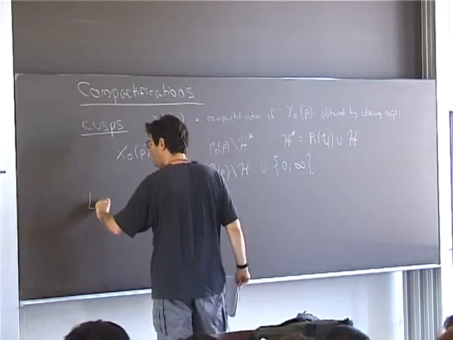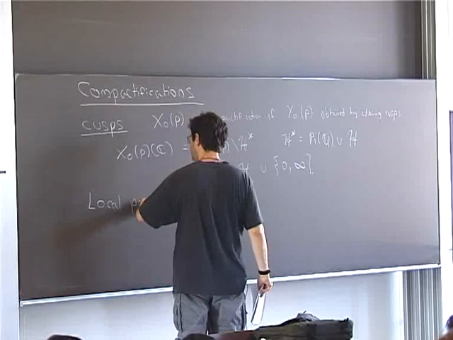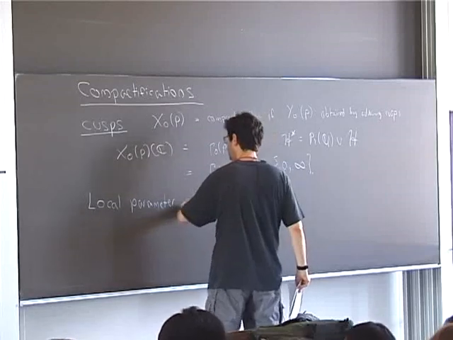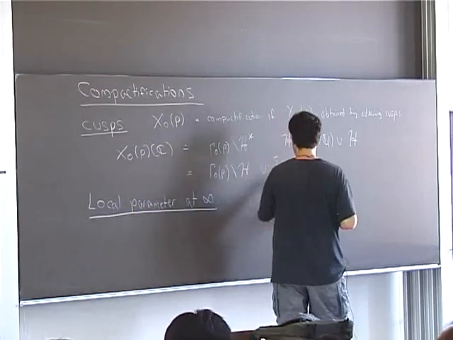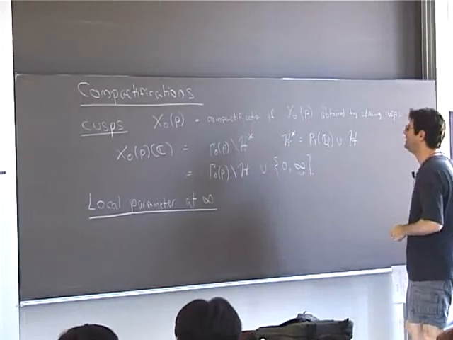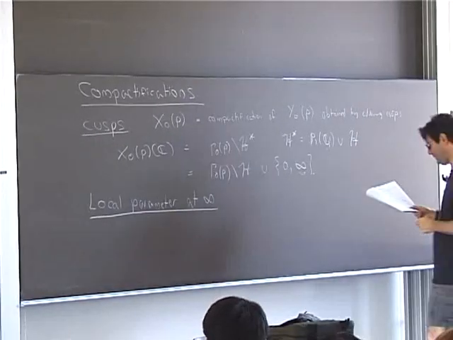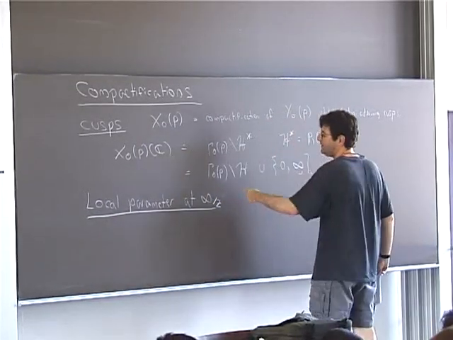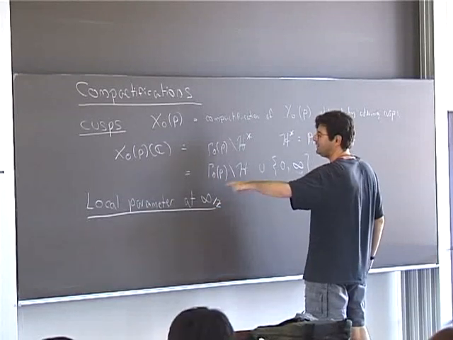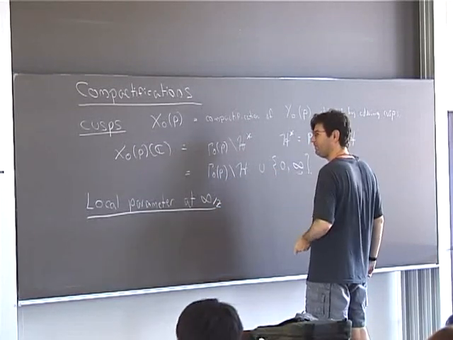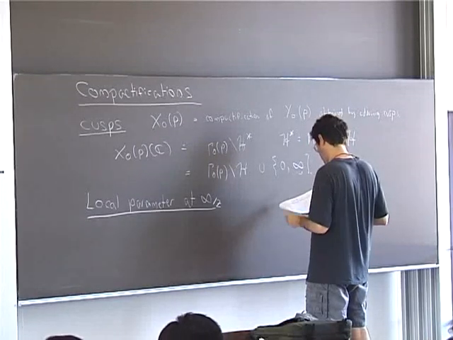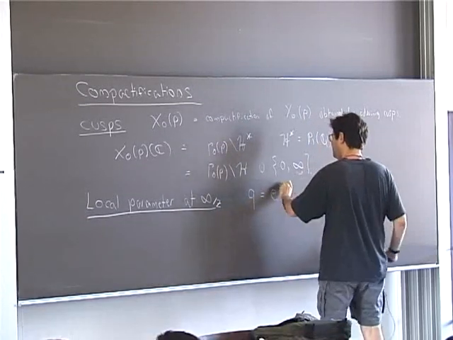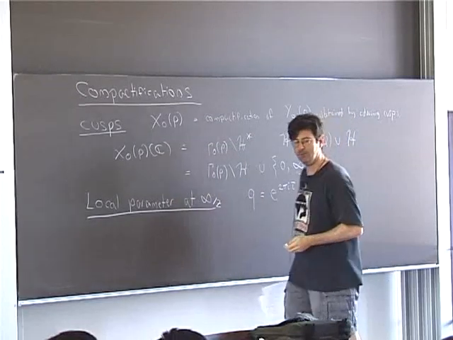But now I want to also work algebraically with this. I'm going to need to work algebraically with this curve in a neighborhood of infinity. And so a local parameter at infinity. So I'm going to look at sort of the behavior at this cusp, infinity. So this is given by considering the Tate curve. So I'm looking at this infinity, this point as a point over Spec Z. So in other words, a section of this curve over Spec Z. So the local parameter is given by q, which analytically is e^(2 pi i tau).